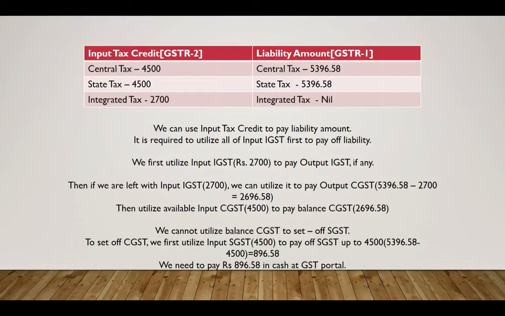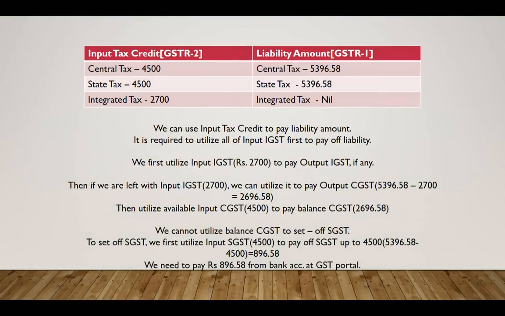The order in which you can utilize input IGST to set off liability amount is as follows. You are first required to utilize all of the input IGST to pay off the liability amount, and you need to utilize input IGST in the following order.